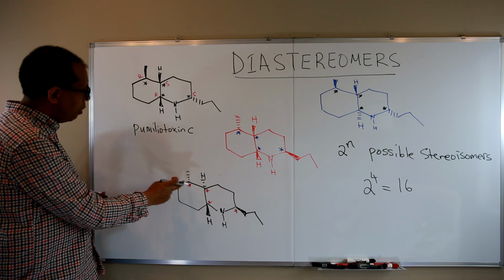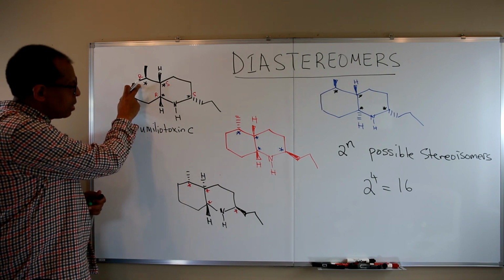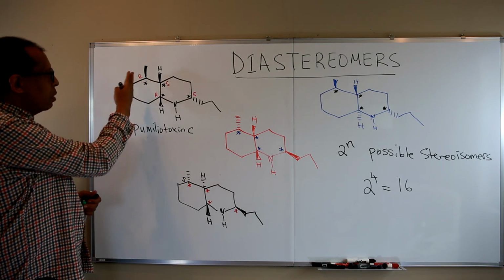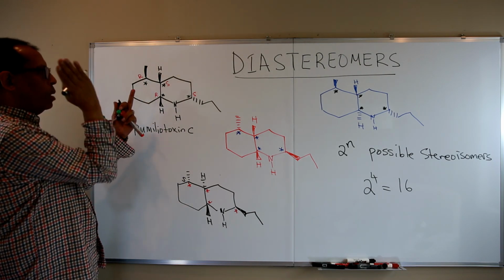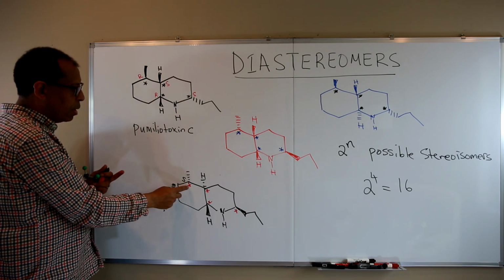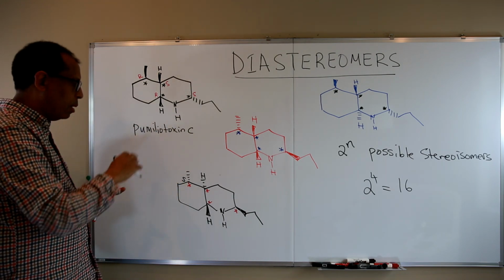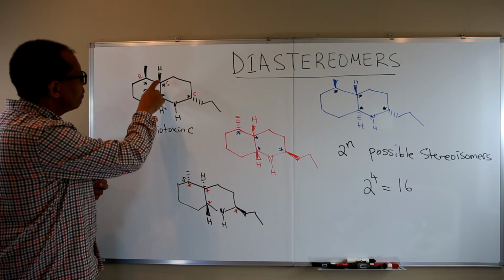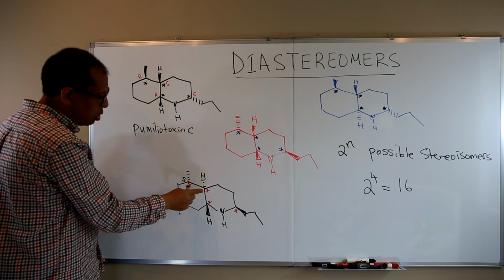I can easily assign this one as S, because the methyl group here is coming out of the plane of the board, but the methyl group here is down. Automatically, for the hydrogen here, if this is S, that should be an R.